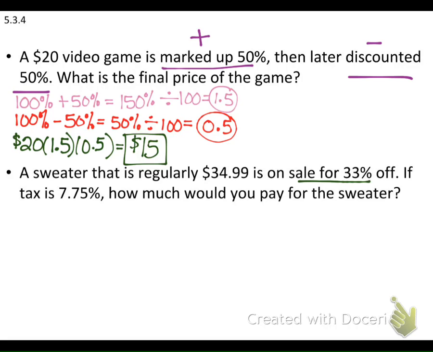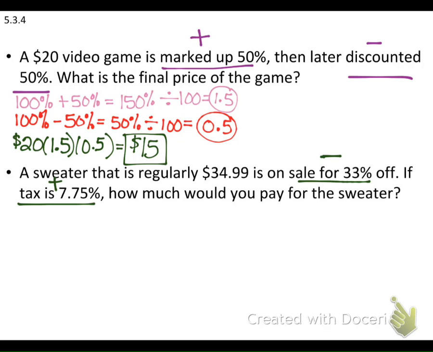Okay, so sale for 33%, is that an increase or decrease? Because it's on sale. And then if it's taxed at 7.75%, is that going to be an increase or decrease? Okay. So 2 multipliers. So I'm going to do steps 1 through 3. How many times? 2. Good.